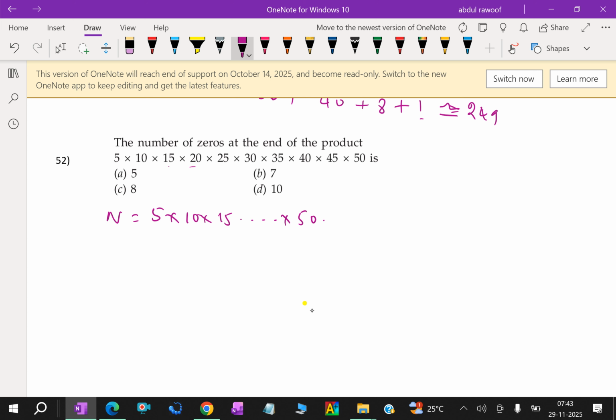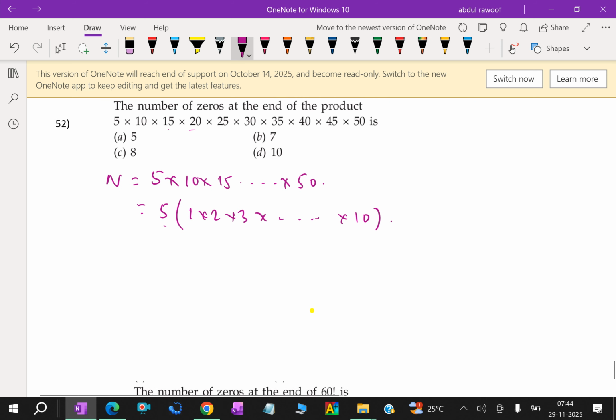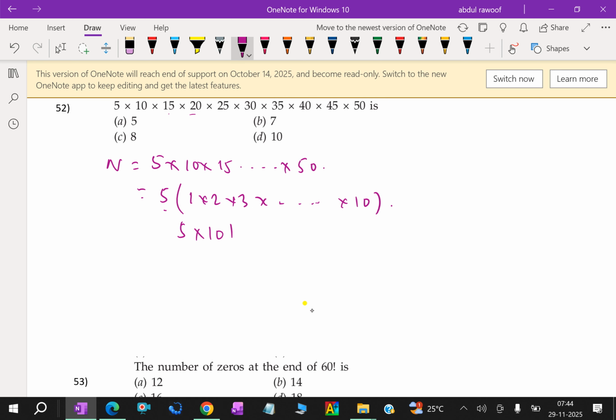So here, we can say it is 5 power 10 into 1 into 2 into 3 up to 10, because 5 is a common factor, which is equal to 5 power 10 into 10 factorial.